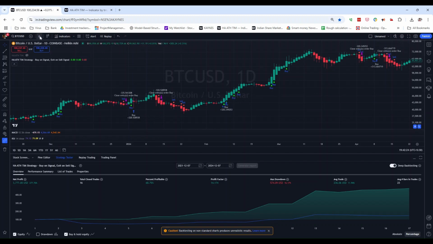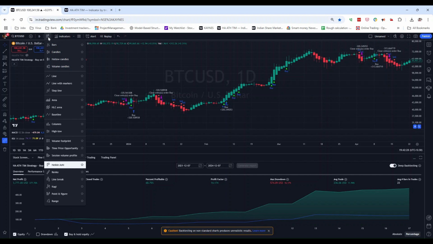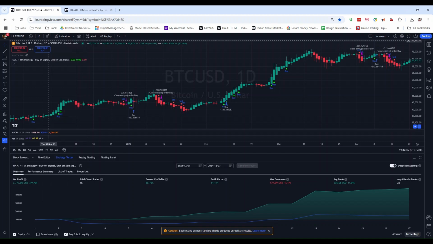By the way, I have kept the daily time frame, and since my indicator works only on Heikin Ashi candles, I am going to use that as the candle pattern. Now you can see the 3-year time frame.